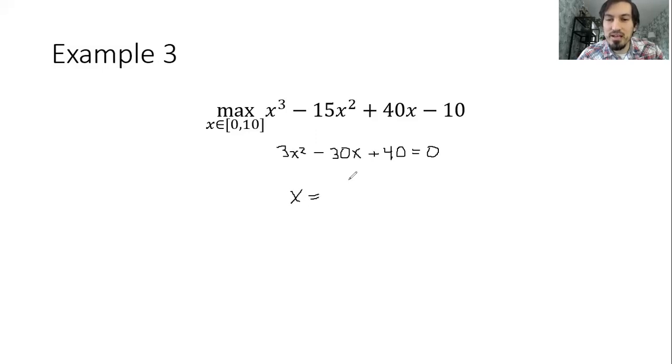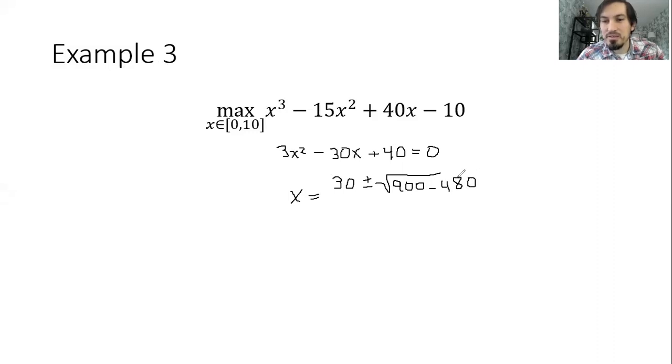What is it? x equals negative b, which is 30, plus or minus the square root of b squared. Ooh, this is a big number, 900. Minus 4ac, that's also a big number. 4 times 3 is 12. 12 times 40 is 480. Ooh, bad.